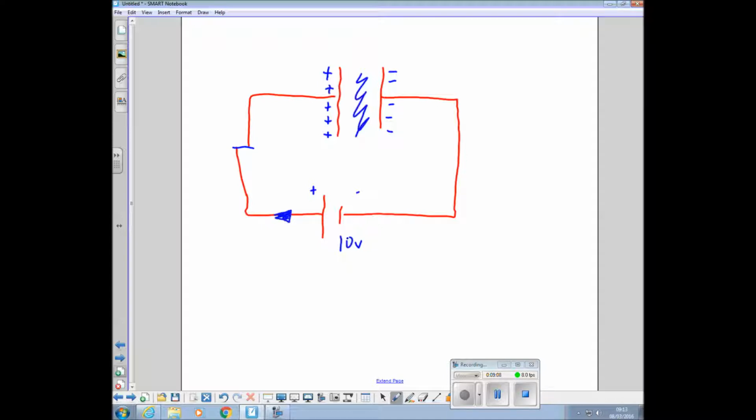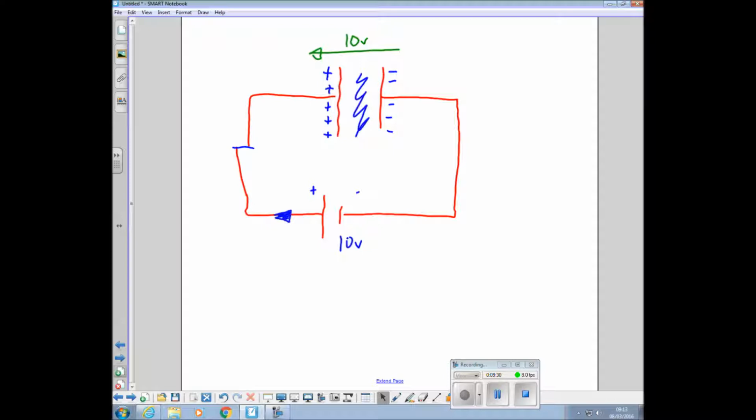We end up with a charge, and eventually, in theory, with 10 volts across that capacitor after a small amount of time. And again, next week we'll talk about how long that time is and what affects that time.